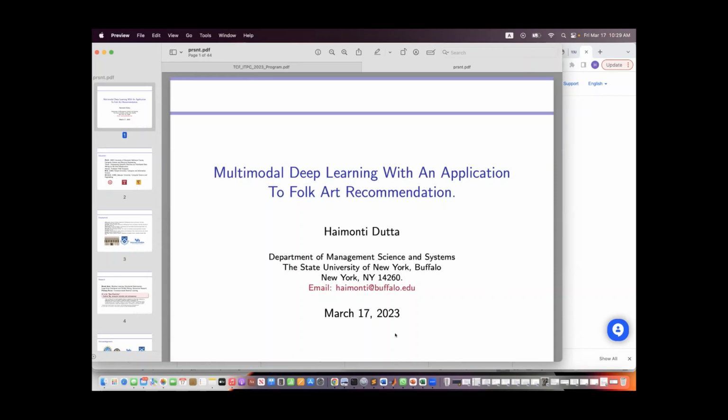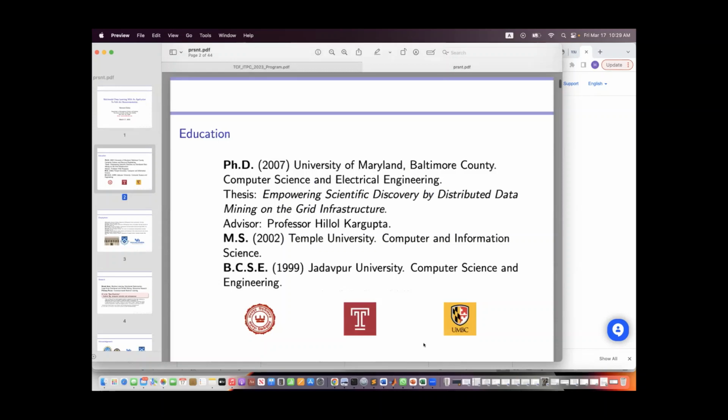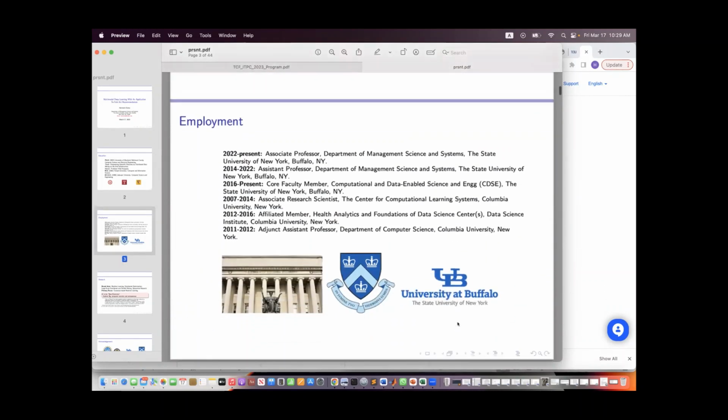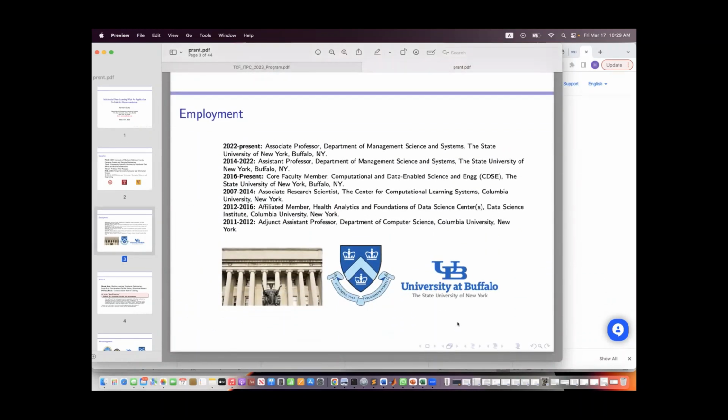And to give you a brief history, or a little bit of background about myself, I graduated with my PhD from the University of Maryland, and I've been working in machine learning and data mining and AI since really my graduate school. So that's almost more than 25 years now.